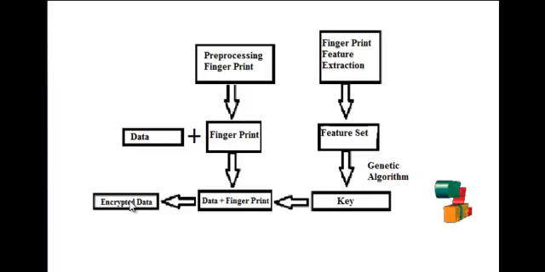Then this encrypted data, the encrypted image, is sent to the receiver. The receiver first gets this data and then decrypts it using the key. First they have to generate the key based on the fingerprint image, and then from the key the data is extracted and the data can be obtained. So this produces a secured authentication system.